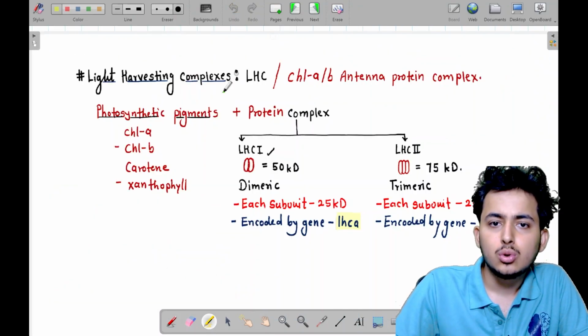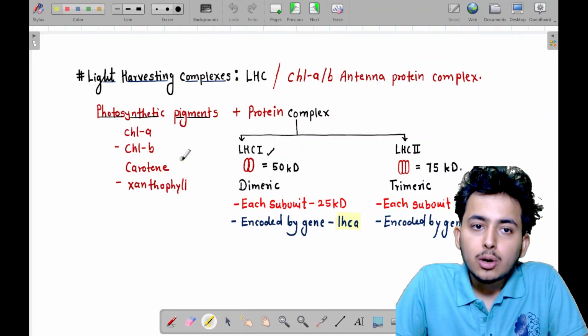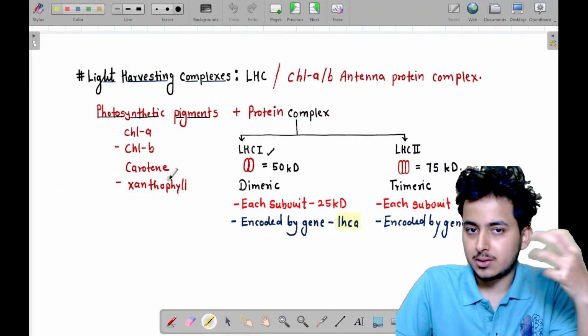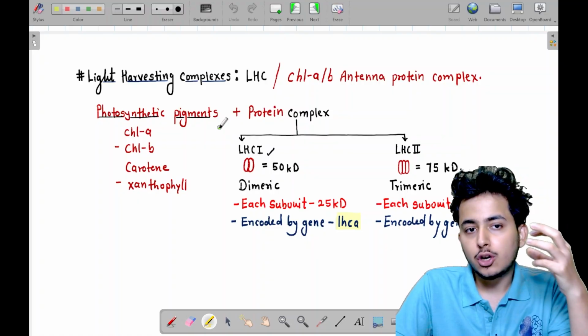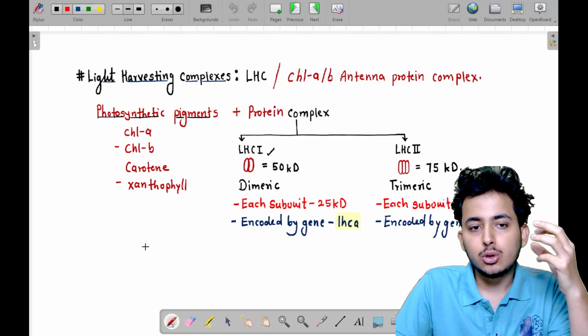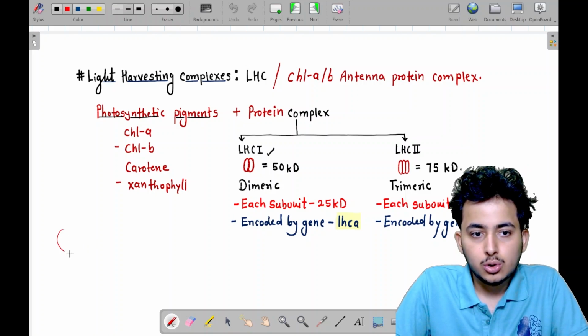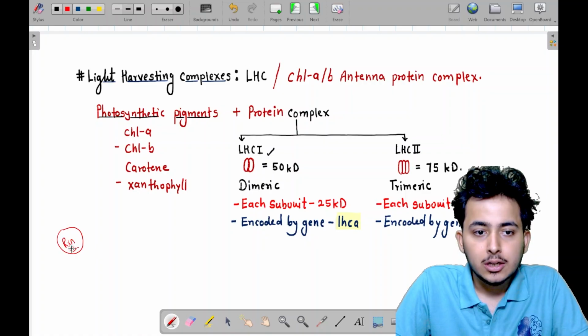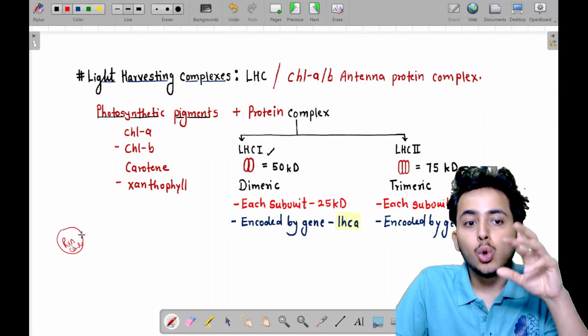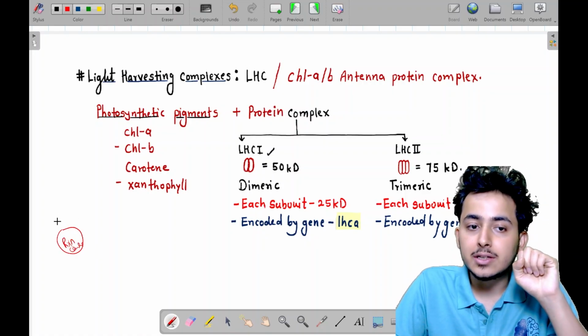So I told you about the light harvesting complexes. These light harvesting complexes are a crucial part of a particular photosystem. I told you that you have something called a reaction center, which is at its lowest energy and highest wavelength.